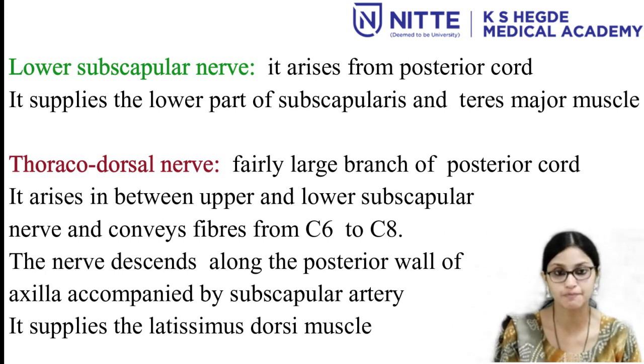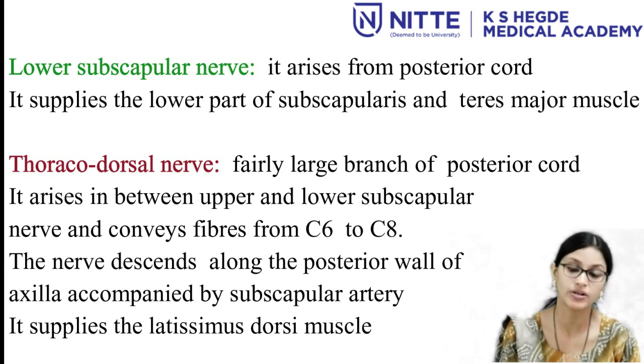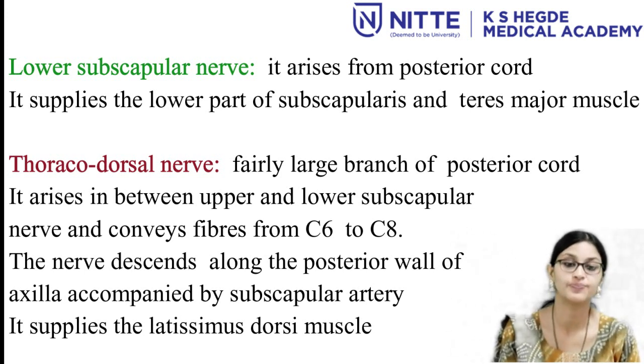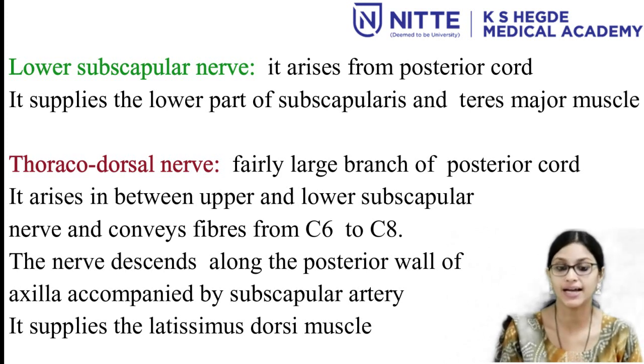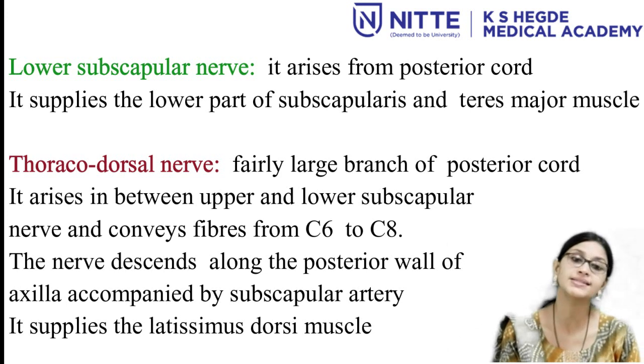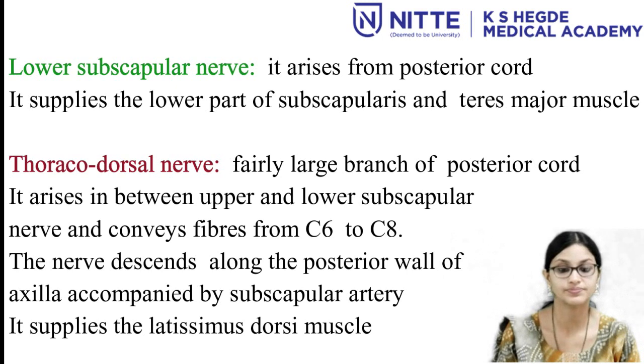Usually, between the upper subscapular and lower subscapular, there is the next branch given by the posterior cord, that is the thoracodorsal nerve. The thoracodorsal nerve is a fairly large branch given by the posterior cord, and as I mentioned, it arises between the upper subscapular and lower subscapular nerves, conveying the fibers from C6, C7 and C8. The nerve descends along the posterior wall of the axilla in company with the subscapular artery and supplies the latissimus dorsi muscle.